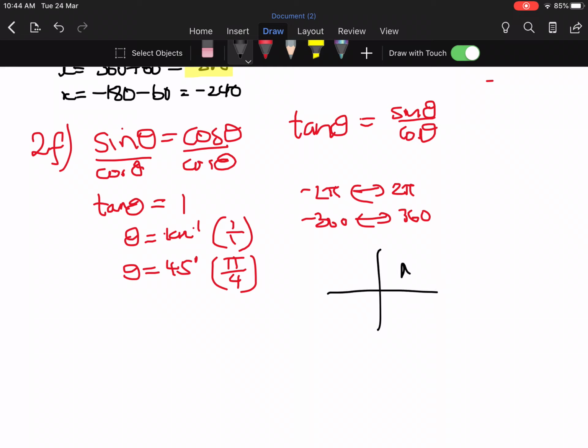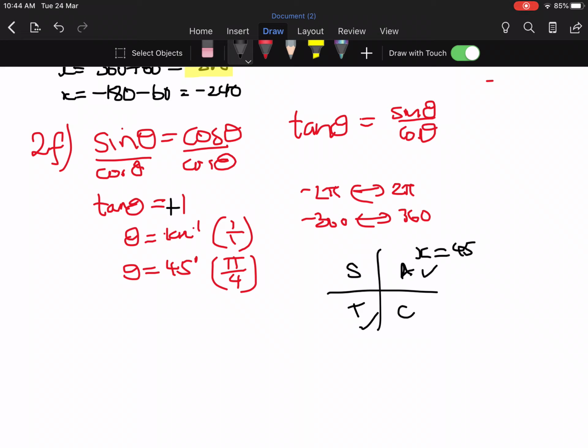And I've got all Scottish teachers are cool. And then I see that the 1 is positive. So if it's positive, that means I tick the all. You always tick the A for the positive all, which is X, which we know is 45 degrees. And you also tick the T because it's tan and it's positive.